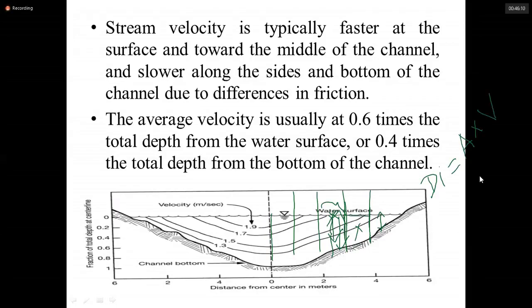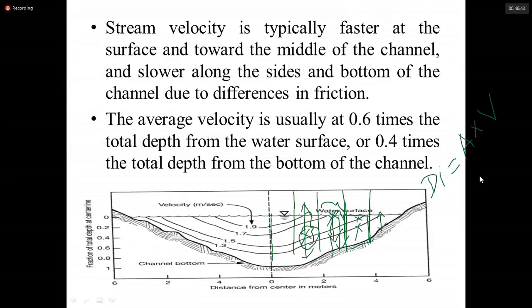With this measurement, we can take the area. But velocity is different from point to point. Then how can we get the average velocity? For that, according to these velocity values, normally once we take the value from the 0.6 time from the surface, it will give the average value for this whole.